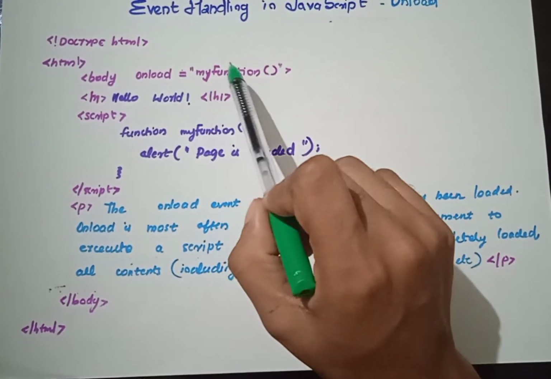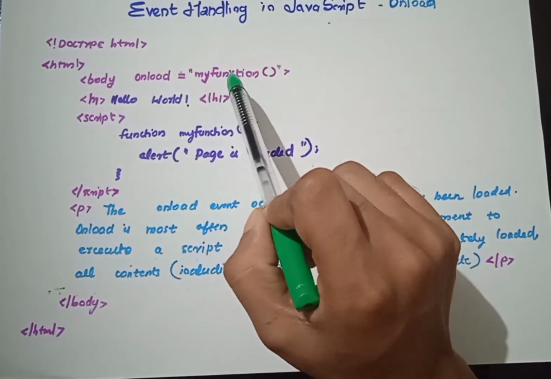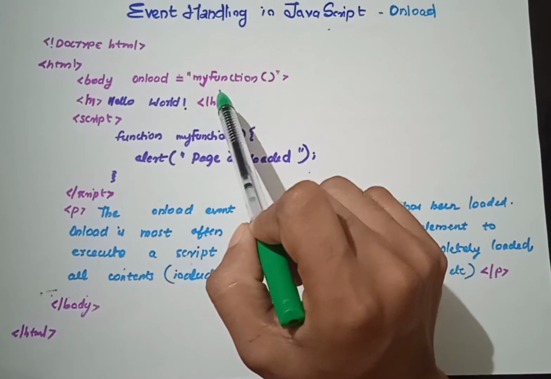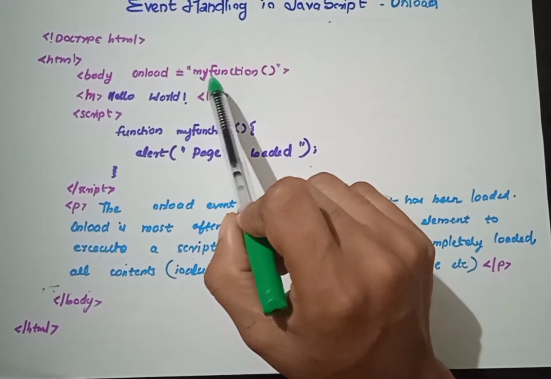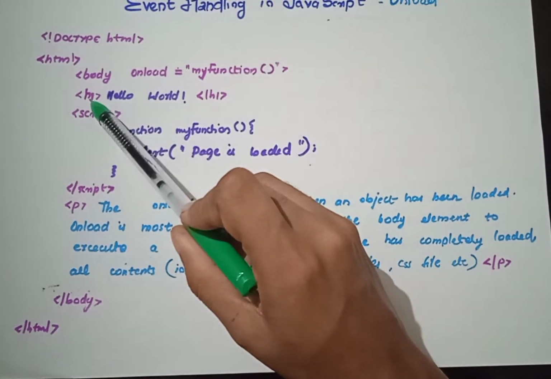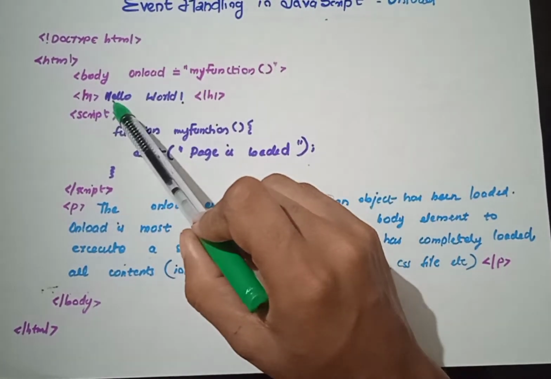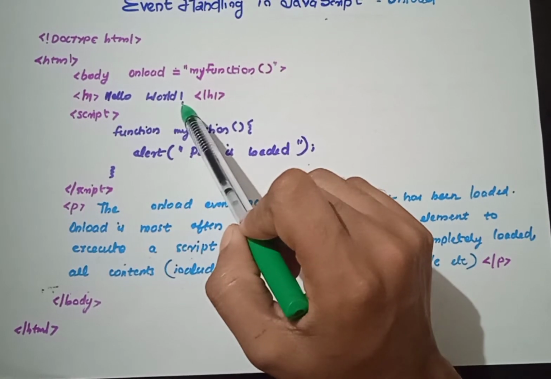That is what we are saying by giving these events some values, mainly functions. So we have defined a function here, myFunction, and we have also given an h1 with the heading hello world.